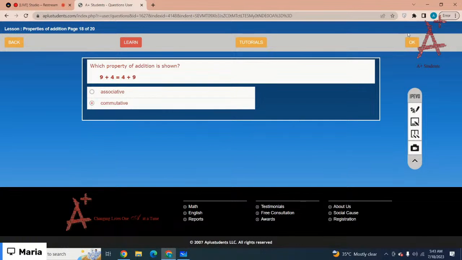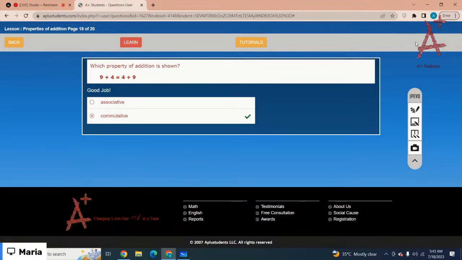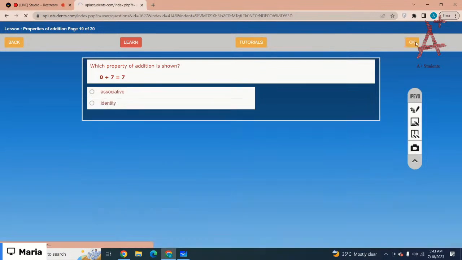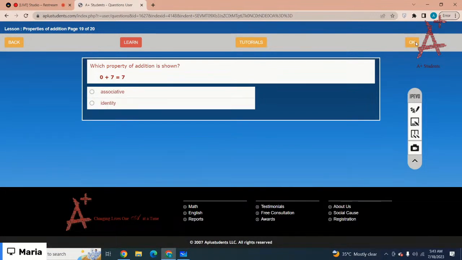You have just two numbers involved, and the order of addends doesn't matter. It would be the commutative property. Which property of addition is shown? Which is the correct option? Adding 0 changes nothing. So that means that is the identity.